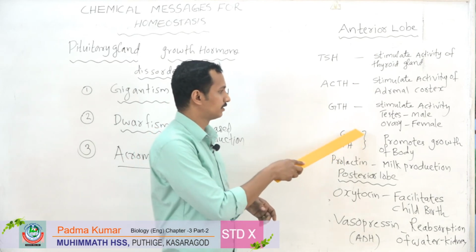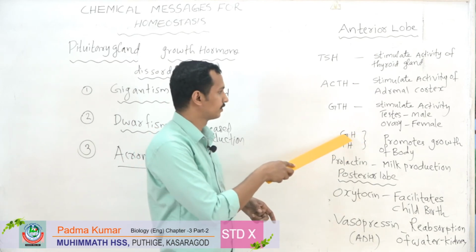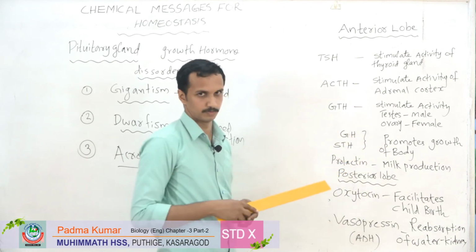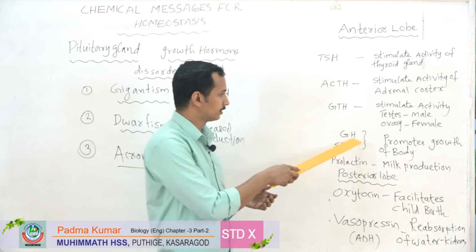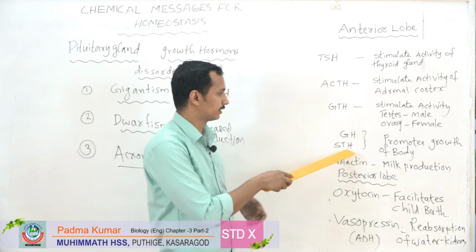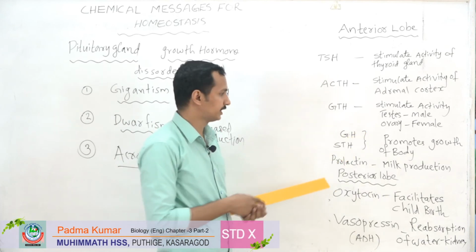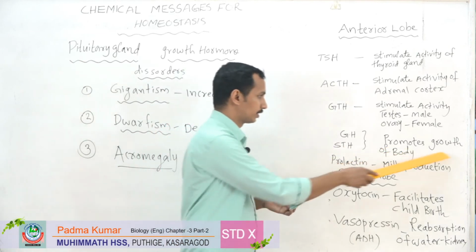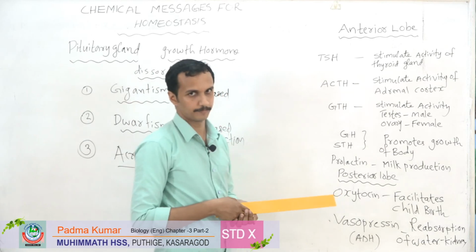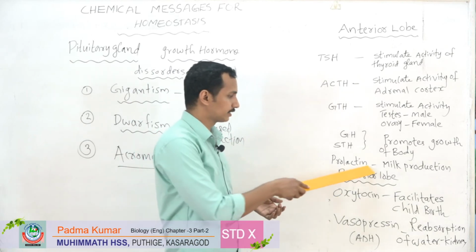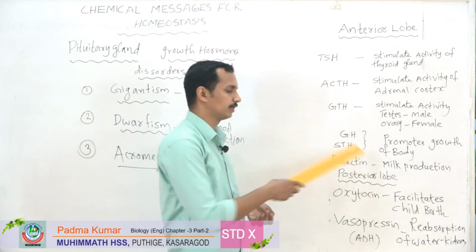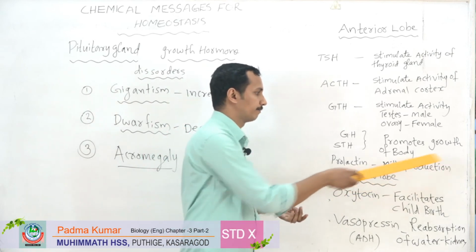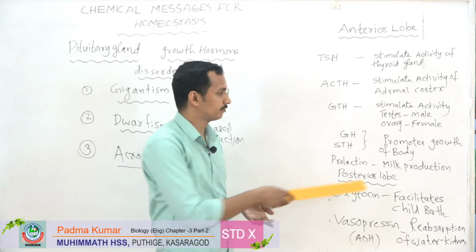Then there is growth hormone, also called GH, or somatotrophic hormone, STH. It promotes growth of our body. Then there is another hormone called prolactin. It is associated with milk production in pregnant women.